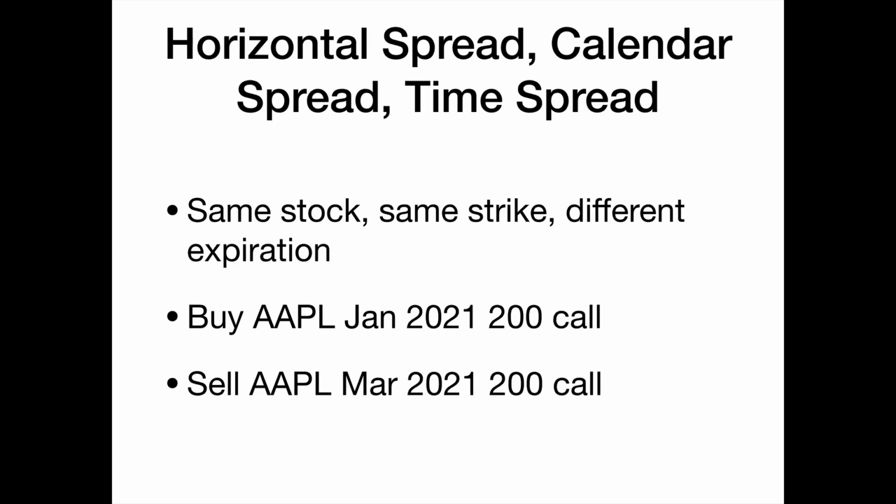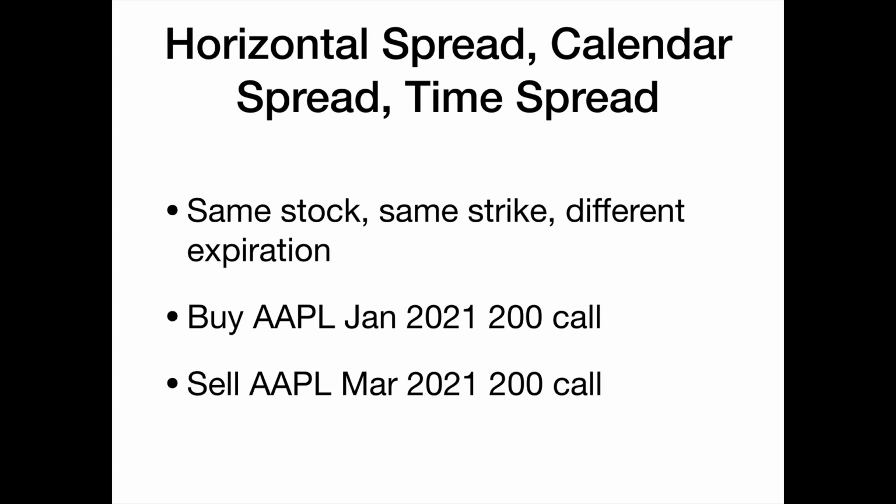The next type of spread is a horizontal spread, also known as a calendar spread for reasons that you'll hear, or a time spread, which also makes sense. Now this is a little bit different from vertical spreads. Just like vertical spreads, we have the same stock, the same underlying security. But in this case, we have the same strike price. In the previous example, we had a 200 strike price and a 205 strike price. In this case, you can see these are both Apple calls, but they're both 200 strike prices.